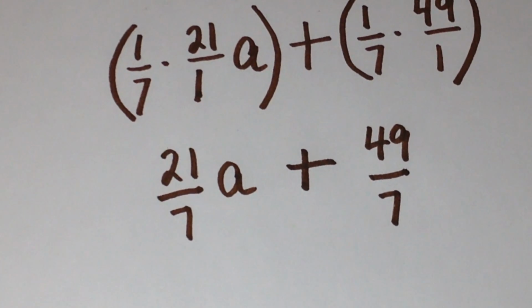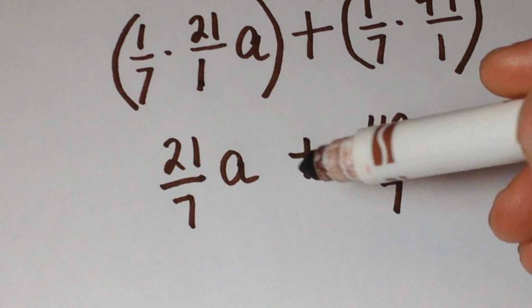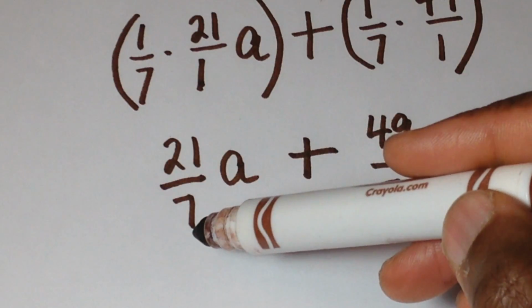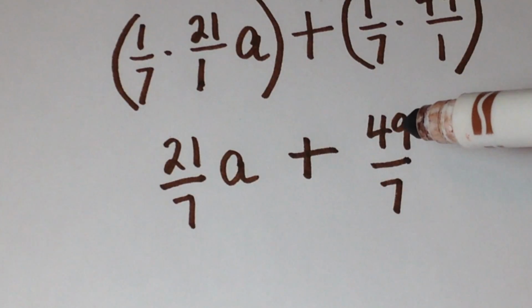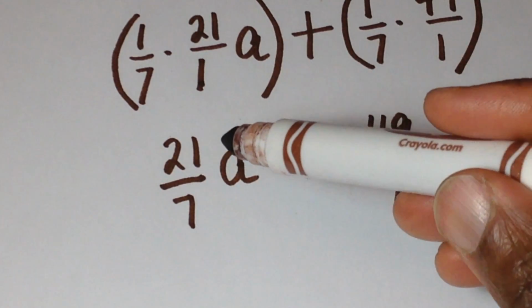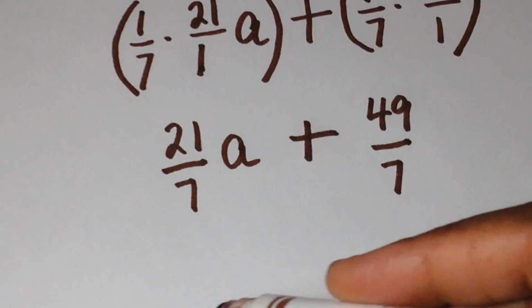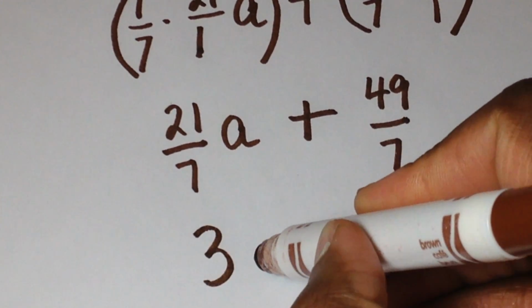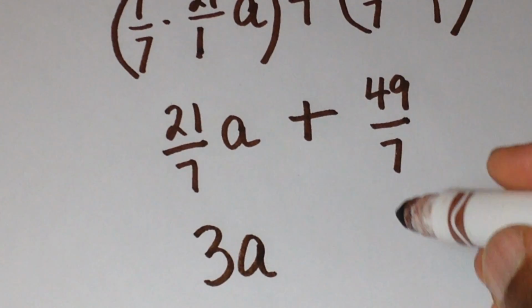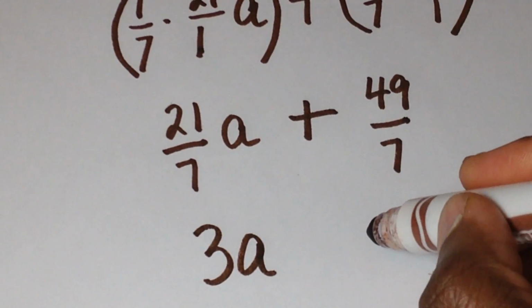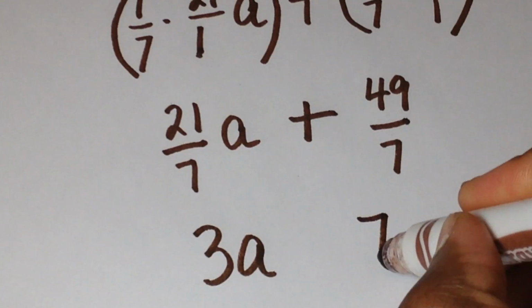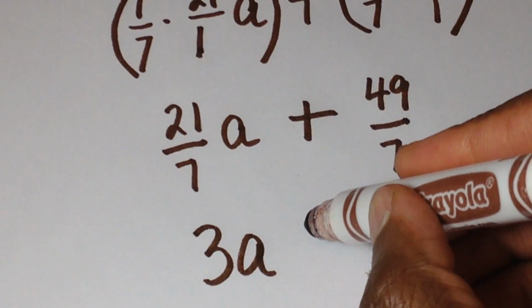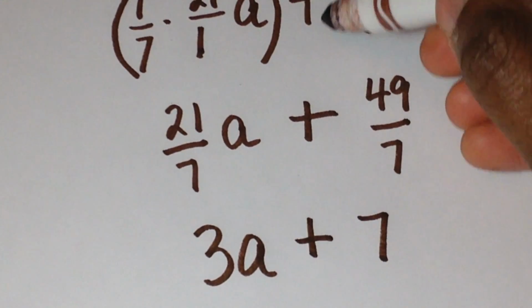If you take a look, we can now do the division of 21 divided by 7, and also 49 divided by 7. Let's start with this. 21 divided by 7 will give me 3, so I'm left with 3a. And 49 divided by 7 gives me 7. And remember the plus sign that was there in the center of it all.